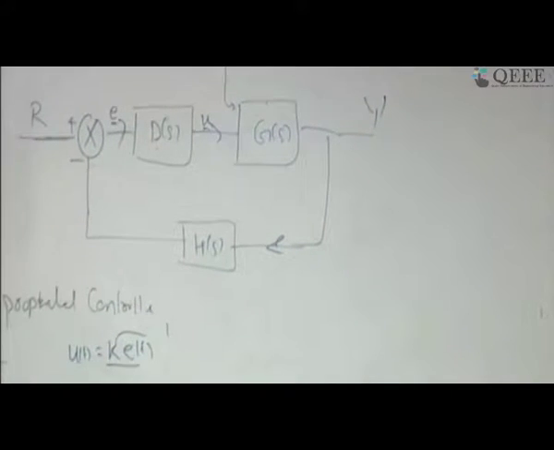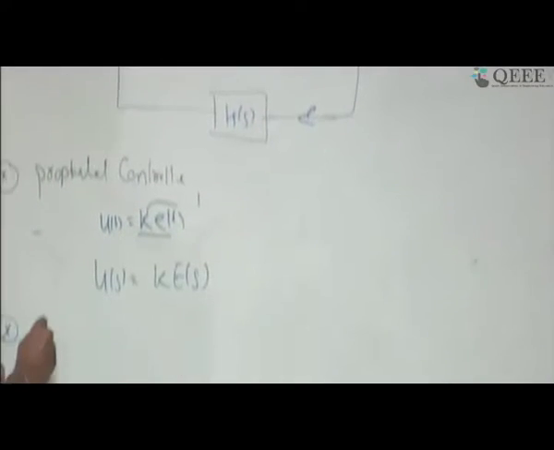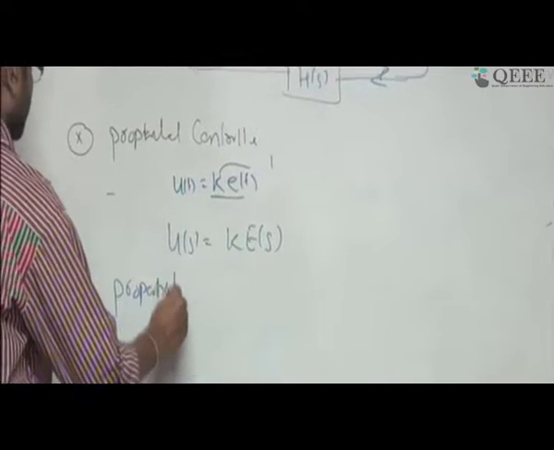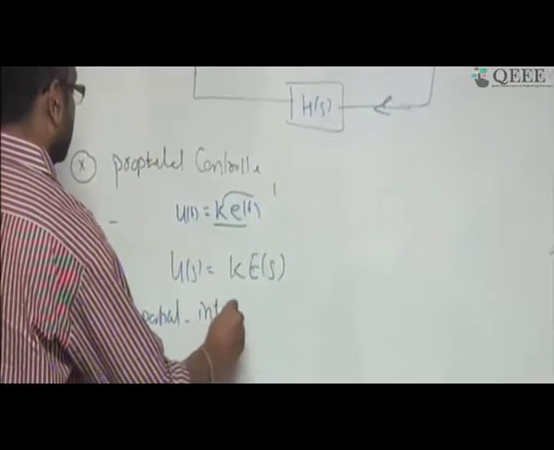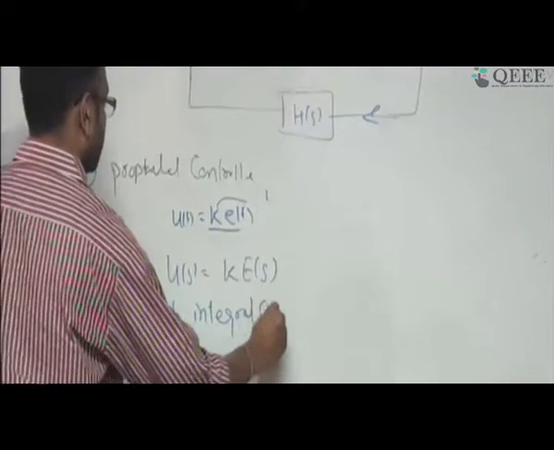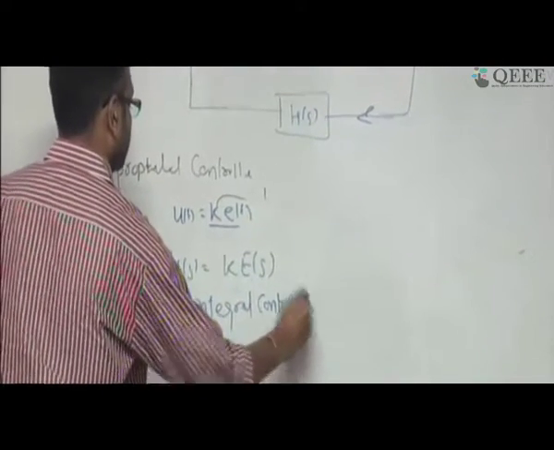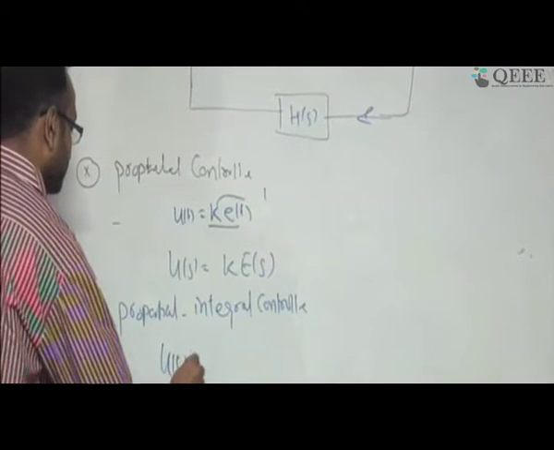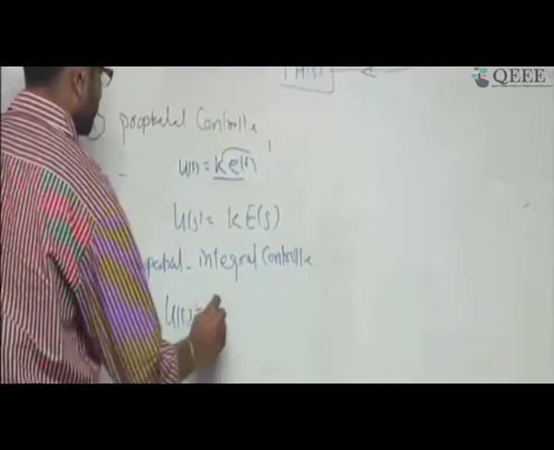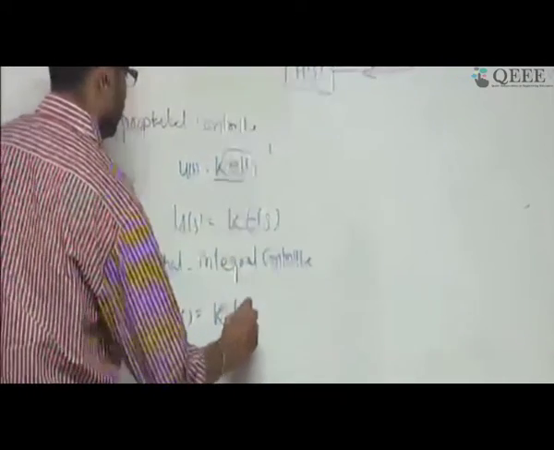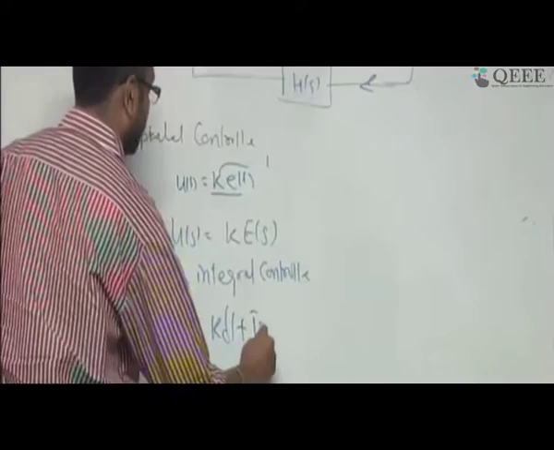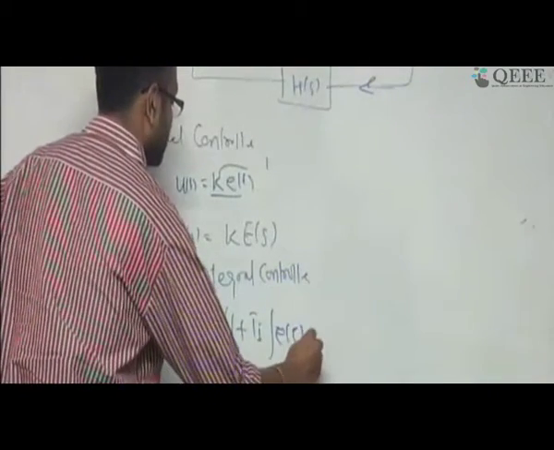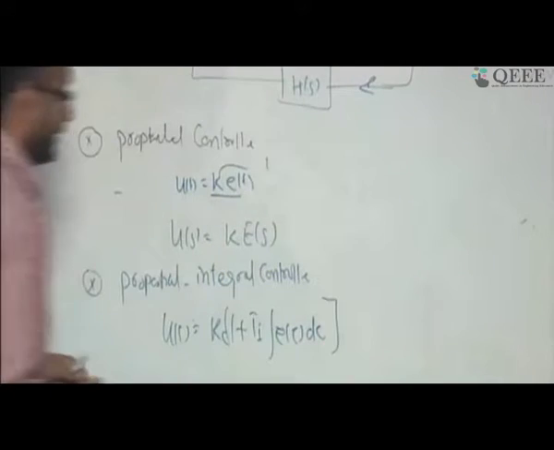The second very popular one is the proportional integral controller. In this case, your control signal is proportional to Kc times 1 plus the integral term.